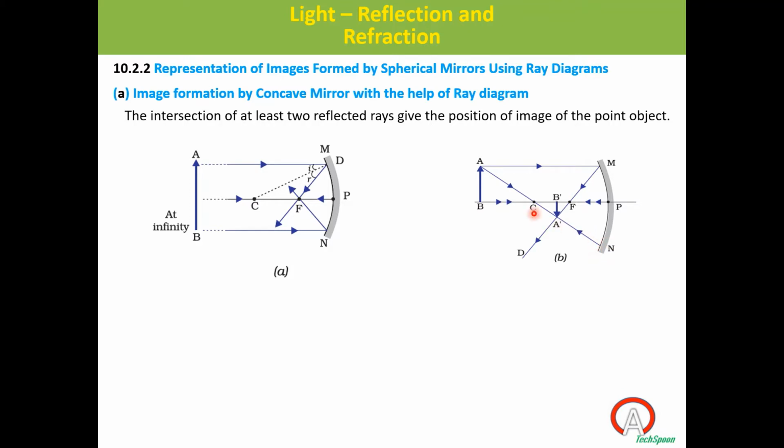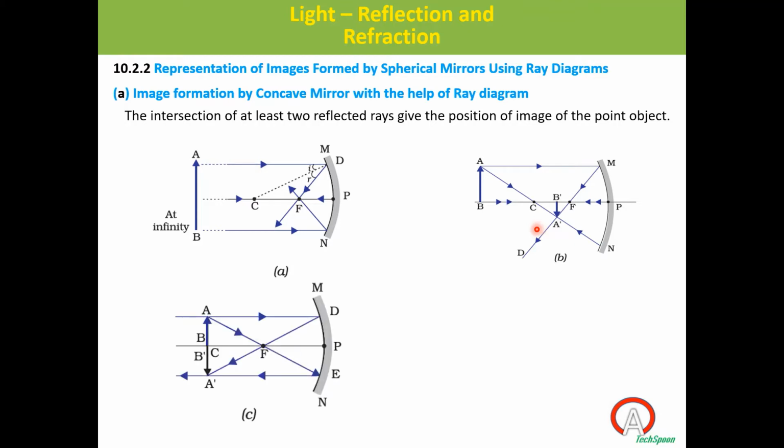It will reflect back. So the intersection of these 2 reflected rays, this is the first reflected ray and another is the second reflected ray. At the intersection of these 2 reflected rays, there you will get the image. That is case 2.